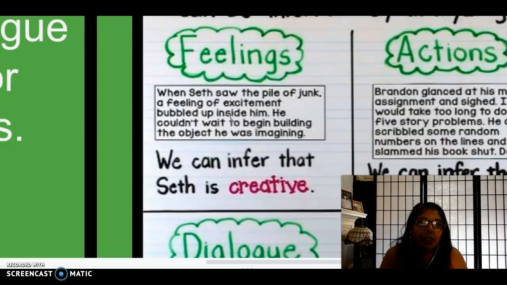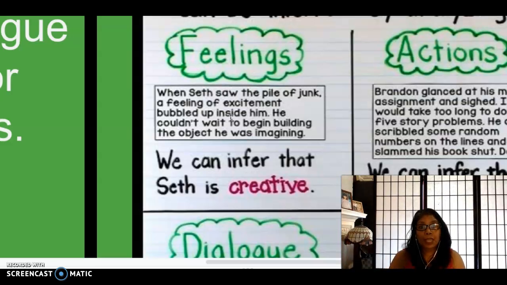He couldn't wait to begin building the object he was imagining. So what can we infer or guess from this excerpt about Seth's character? Well, one word is creative. Seth is creative. Can you think of another word to describe his character?